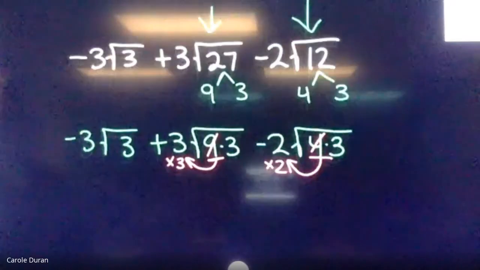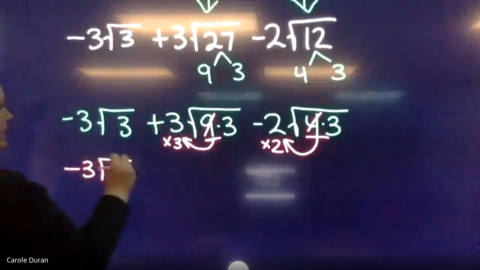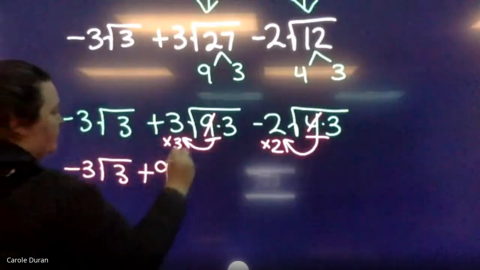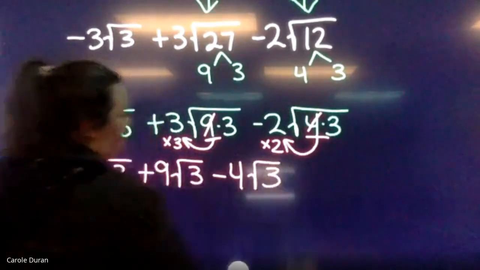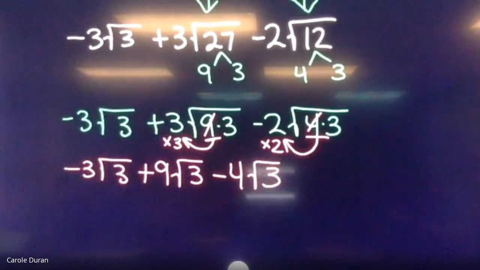This then becomes negative 3 root 3 plus 9 root 3 minus 4 root 3. So all I did was simplify these by pulling out perfect squares, and I multiplied their roots into the numbers that were already there. Now I notice that all 3 of my terms are the same. They all have a 3 under the radical.